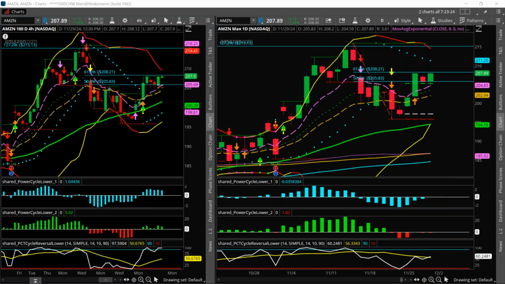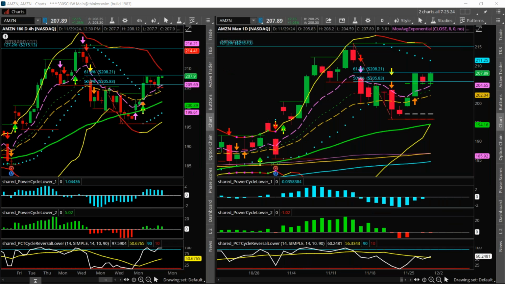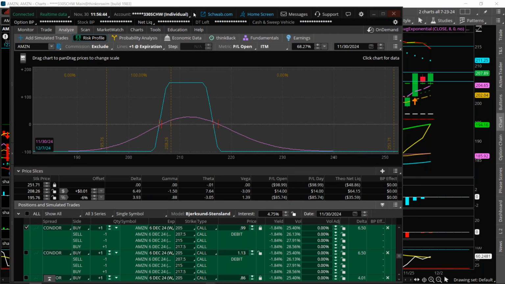Okay, so this is the one we just did on Apple. We did nail that one perfectly. So here was the condor that we set up, and again, this was an alert trade. I'll show you the alert that we sent out.